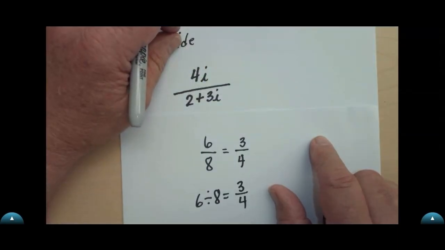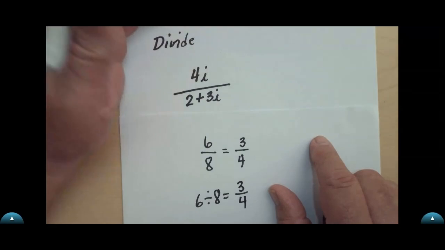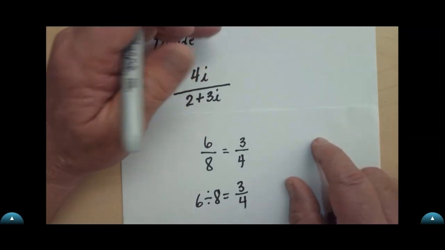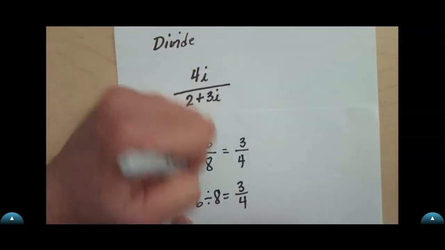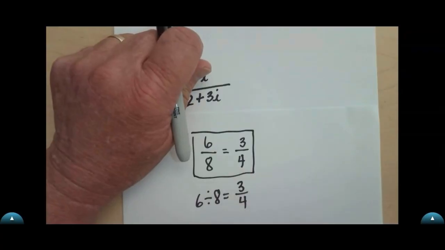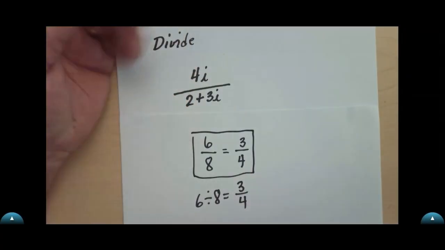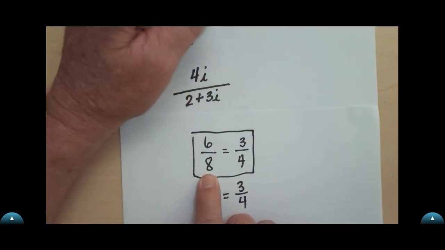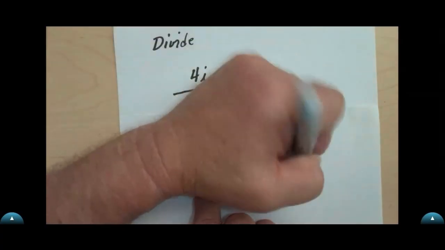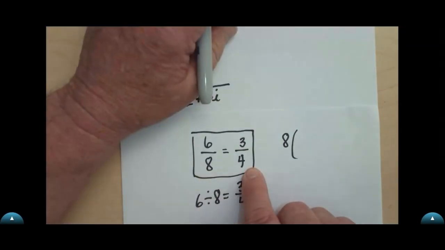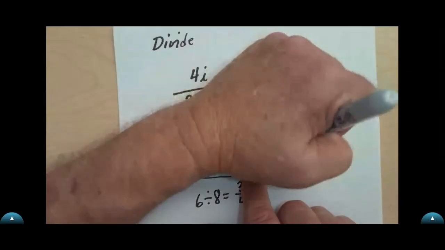And we can prove it because remember we talked about, I think when we were talking about what happens when you're dividing by 0, if this statement is true, if 6 divided by 8 is really equal to 3/4, we could check and see if that's true, because all we'd need to do is check to see if our divisor 8 multiplied times our quotient, the answer we get when we do a division problem, in this case 3/4.